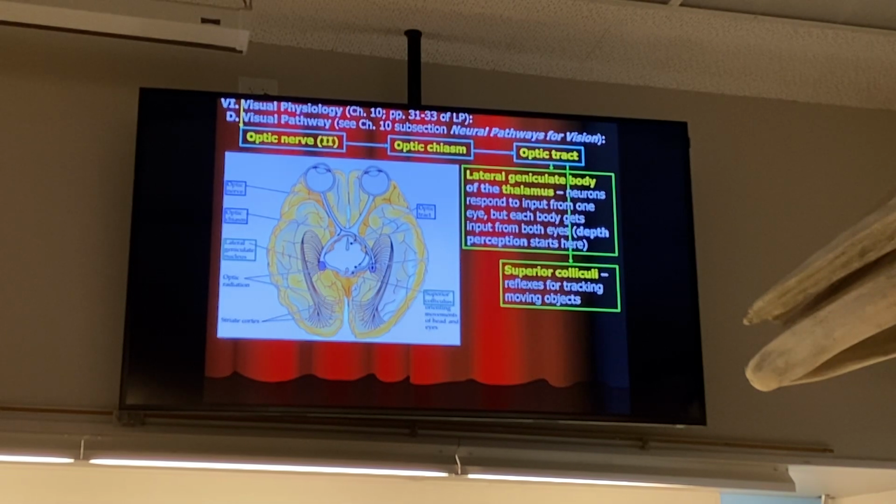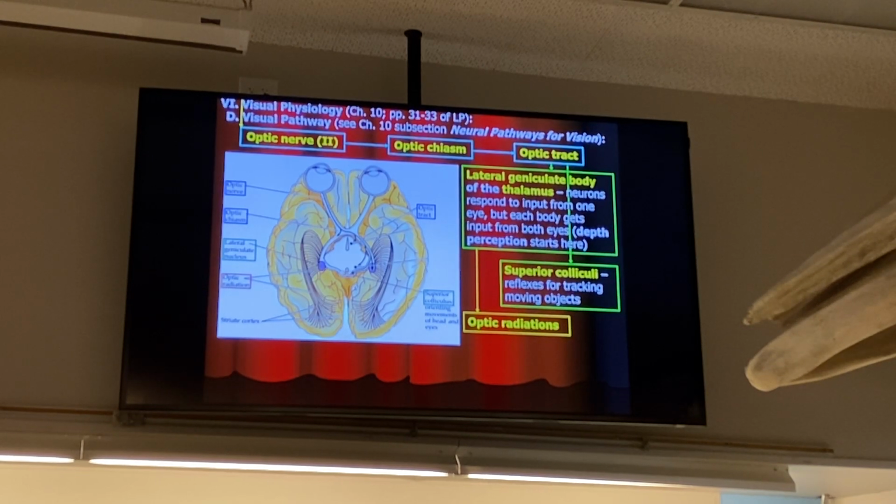Okay, so the short arrow is 3/4. The long arrow is about 1/4, going to superior colliculi for visual reflexes. From this, you get this huge spray to the back of the brain called optic radiations.